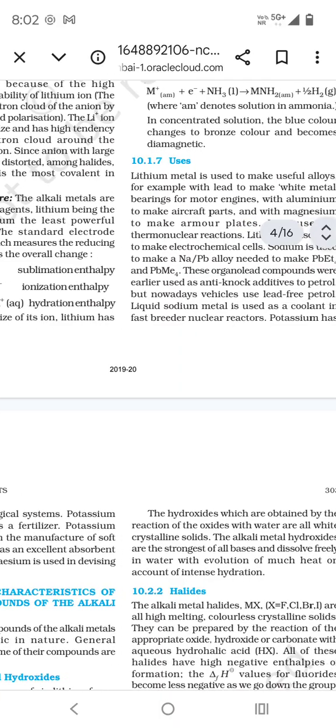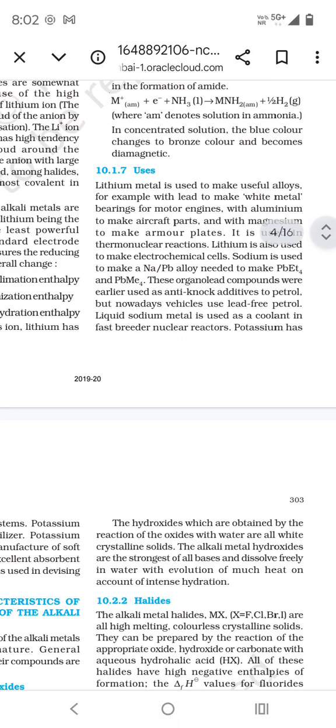Uses: lithium metal is used to make useful alloys, for example with lead to make white metal bearings for motor engines, with aluminium to make aircraft parts, and with magnesium to make armour plates. It is used in thermonuclear reactions. Lithium is also used to make electrochemical cells.